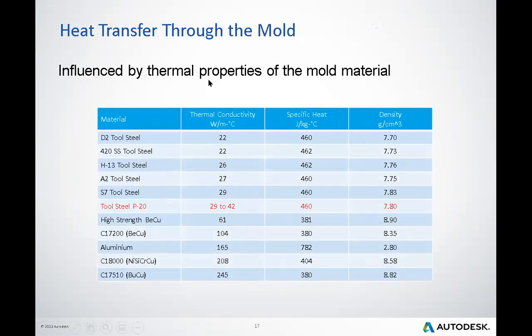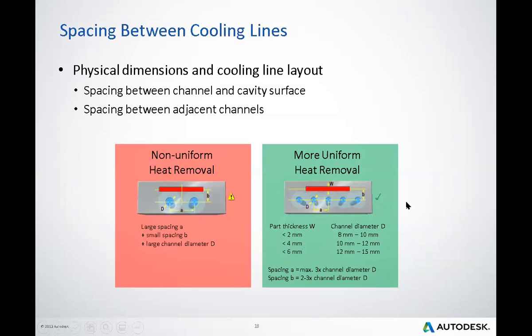It is also influenced by the thermal properties of the mold material. In the case of tool steel P20, the thermal conductivity, the specific heat, and the density should be considered, as well as the spacing between cooling lines.